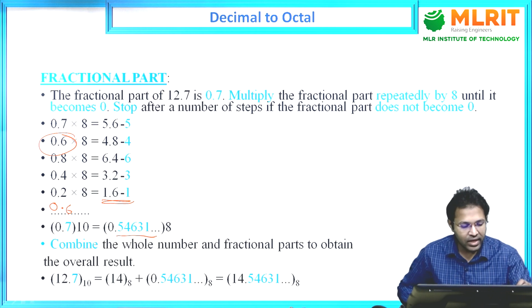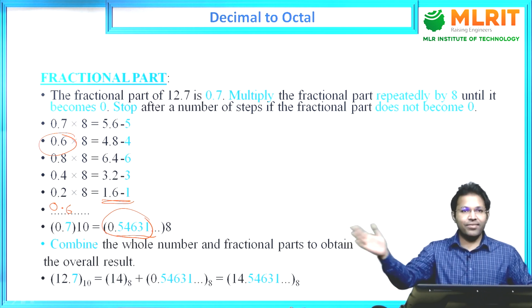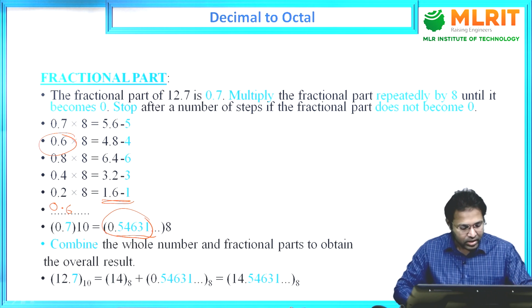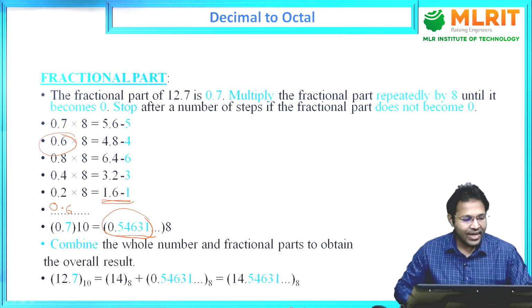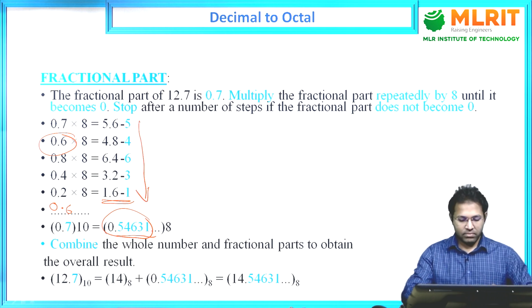So here we are stopping with 5 digits. After the point, to the right of the point, we are only considering 5 digits. So here we can stop, but now you have to take all these digits from top to bottom. So please don't get confused.